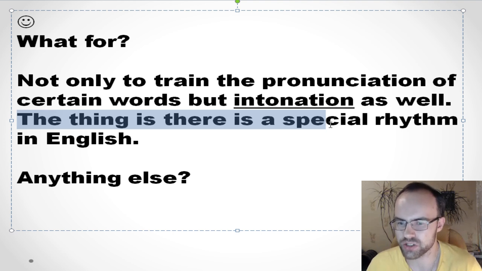So you need to focus on intonation. Okay, so how can you improve it? Just by listening. Listen more and more. And this understanding, this right way of pronouncing English words, phrases, and sentences will come. It's just a matter of practice, okay? There is a special rhythm in English, and you need to get used to this rhythm, or get accustomed to it.